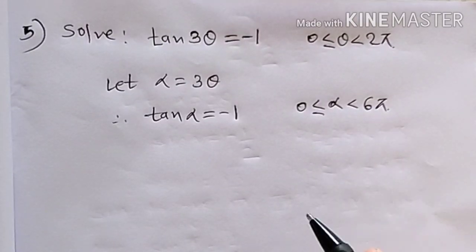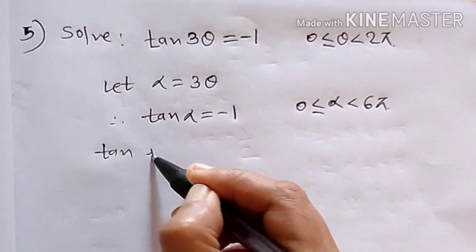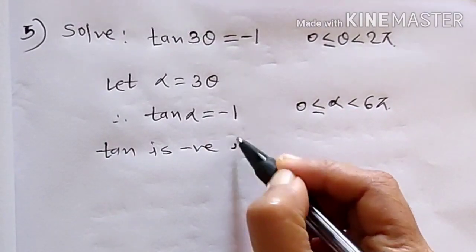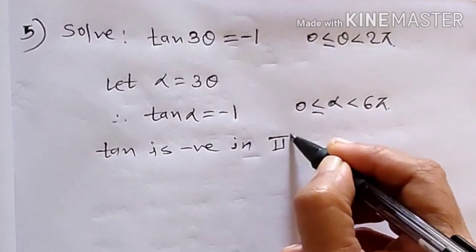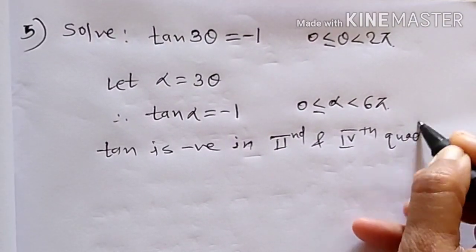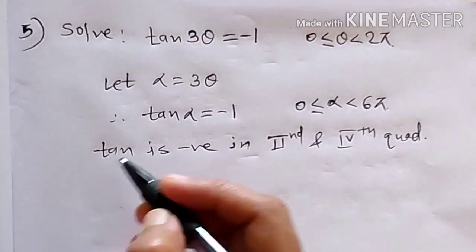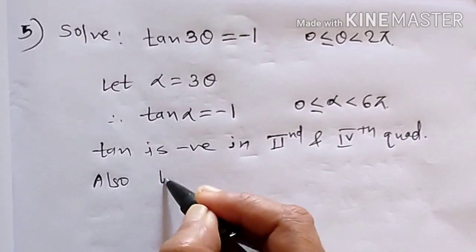Now, tan is negative in which quadrants? Tan is negative in the second and fourth quadrants. And also we know that tan of pi by 4 is equal to 1.